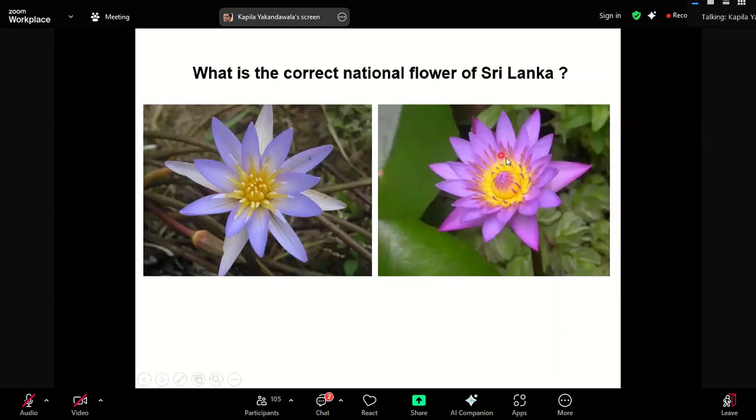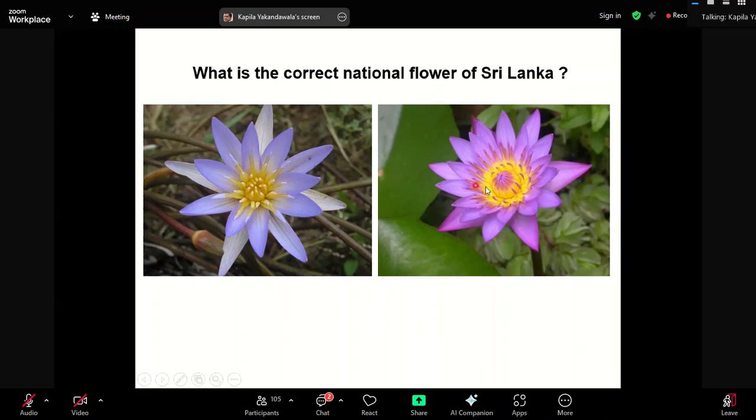But this is not blue in color. Yet as a nation, for 30 years, we called it Nilmanel. But this is the correct Nilmanel. We found it through research. Traditionally this was known, but later people recognized the other as Nilmanel. A great mistake by people attached to the botanical gardens. So this is the correct Nilmanel, right?